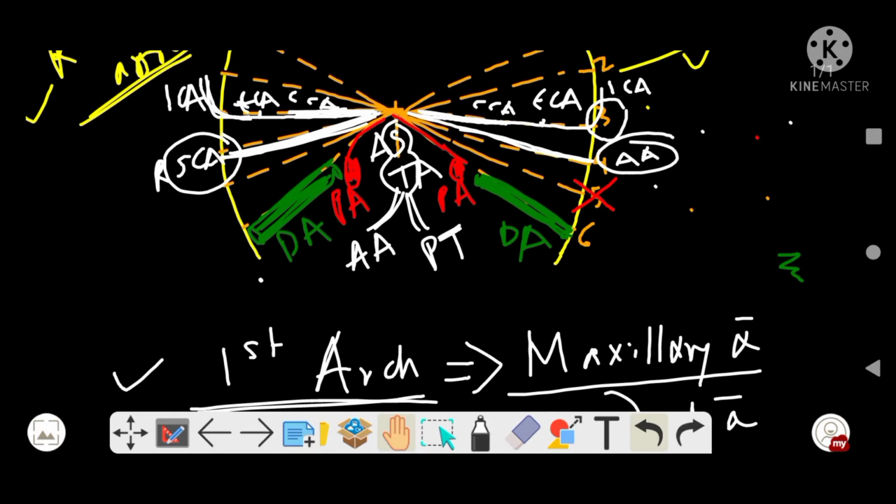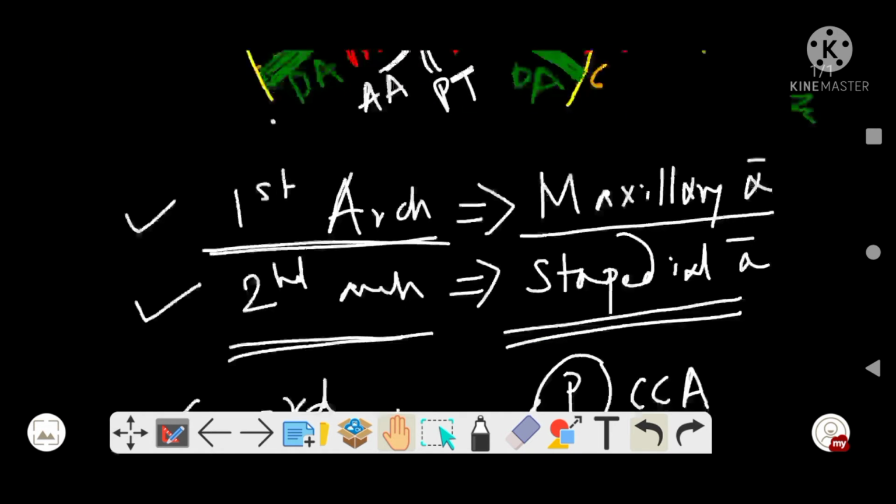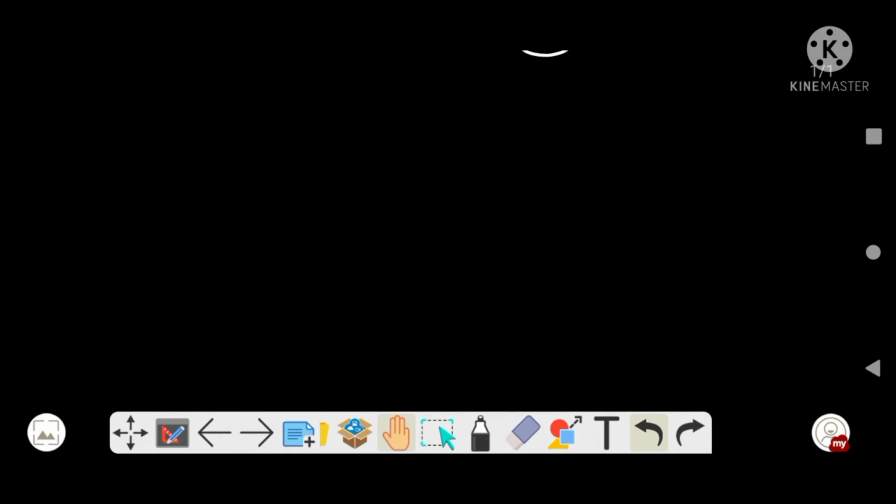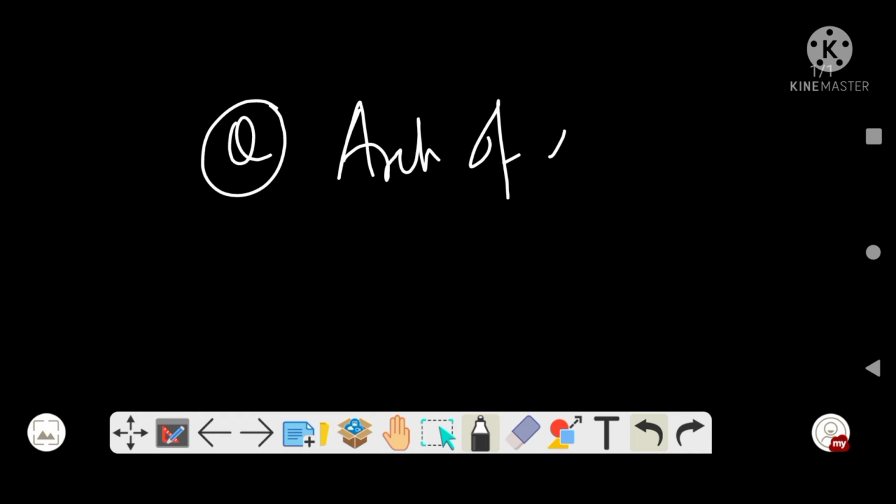Now things are clear, but now I will add some complex points to it, which are also important from your exam point of view. So this I can write here only. So the question is, arch of aorta is derived from.